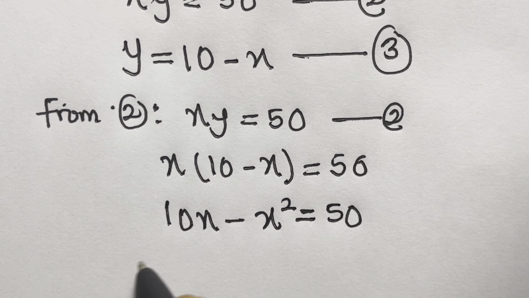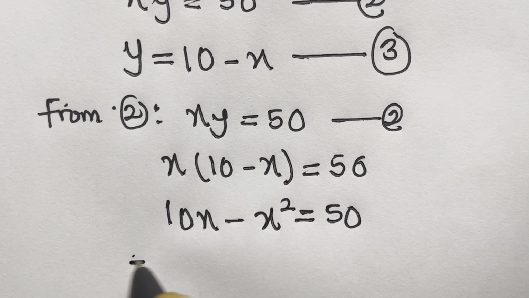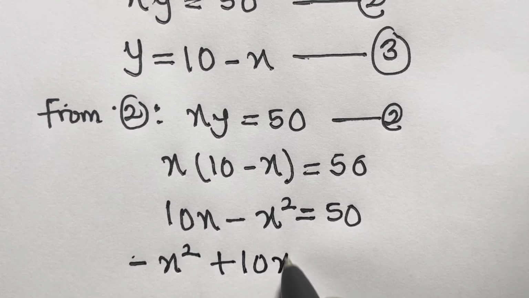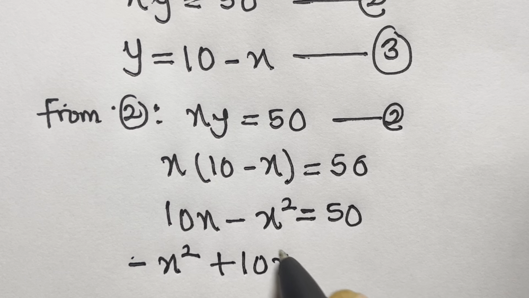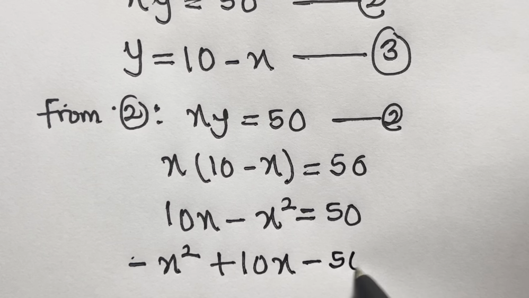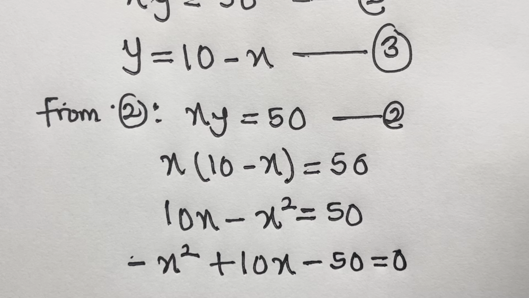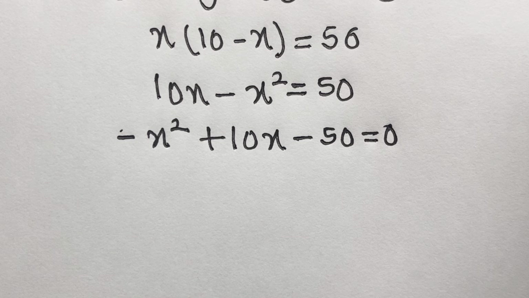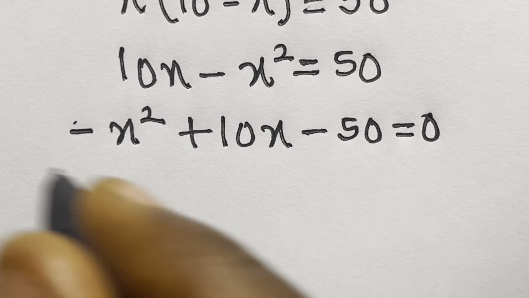So here we will have minus x squared plus 10x. Then if you transfer this here, we'll have minus 50 equals 0. So we see that this is a quadratic equation, and to make it easier to solve, we multiply both sides by minus 1.